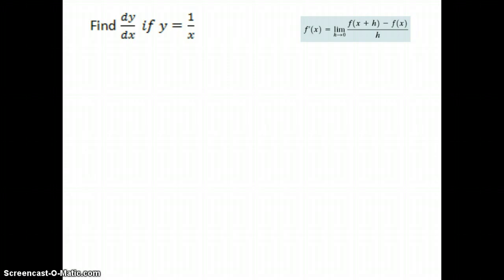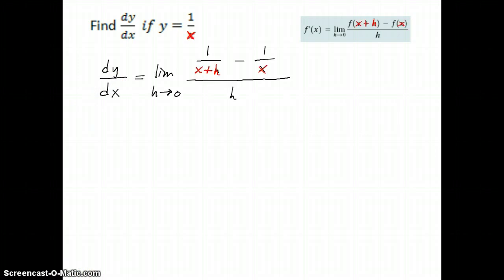So we want to figure out the derivative of a particular function, y equals 1 over x. So we set up the same way. It's just now we're using dy over dx, and the limit as h goes to 0. I'll go ahead and get the setup first.